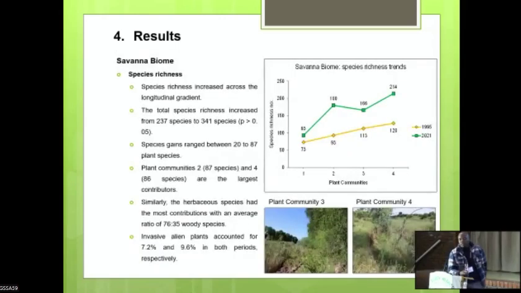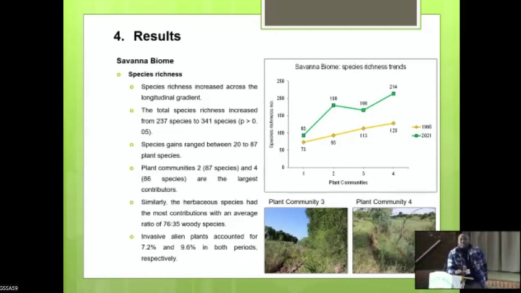In the savanna biome, similar trends were observed of species richness, whereby species richness increased longitudinally across the system. Overall, species richness increased from 237 species to 341 species. So that's quite a huge increase in richness in the system. It ranged from 20 to 87 species that came in, basically in plant community 2 and community 4.